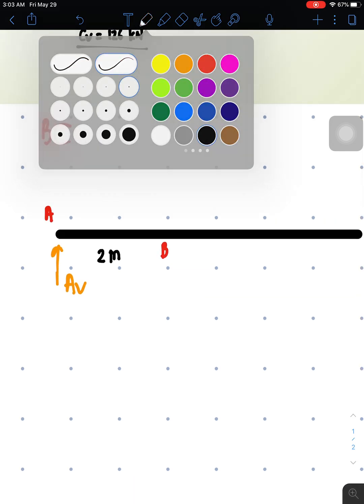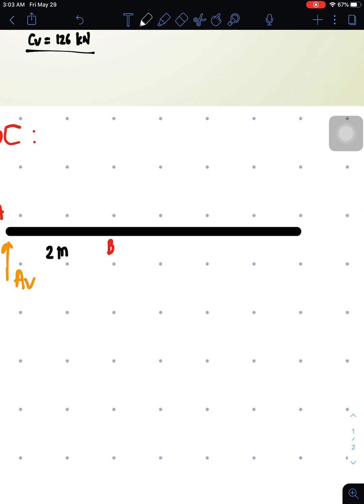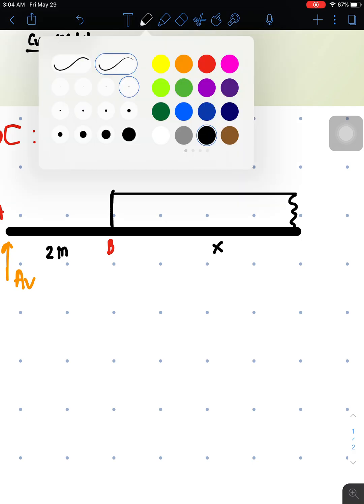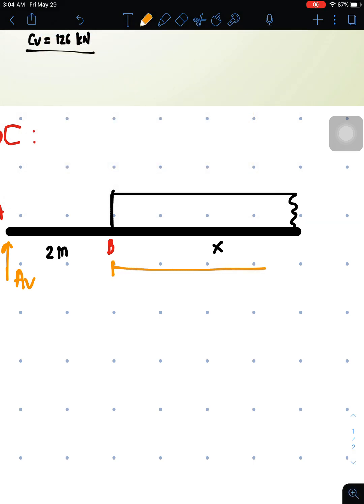Point B marks the beginning of our distribution. So I represent it in that manner so that I can say that it is not exactly until point C, but rather a distance x, from this point of cutting.